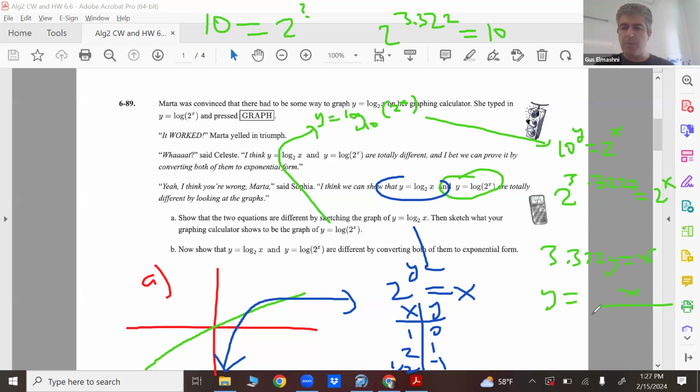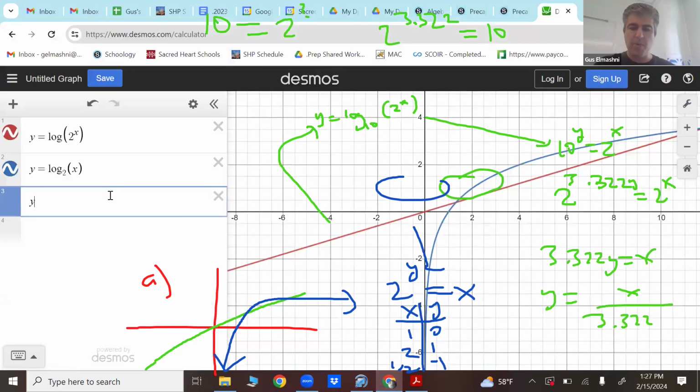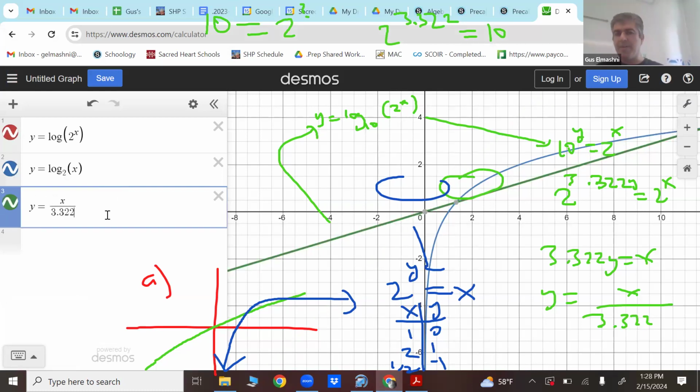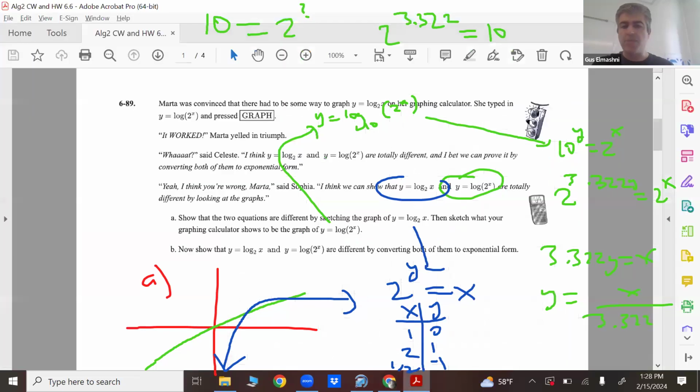Y equals x over 3.322. If I actually go to Desmos and type that in, here's what's going to happen. Y equals x divided by 3.322. They're pretty much the same line, right? They overlap. If I turn this off, see that, yeah. That's what's happening. So that's why it's linear.